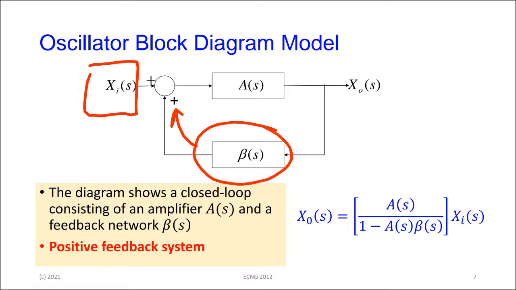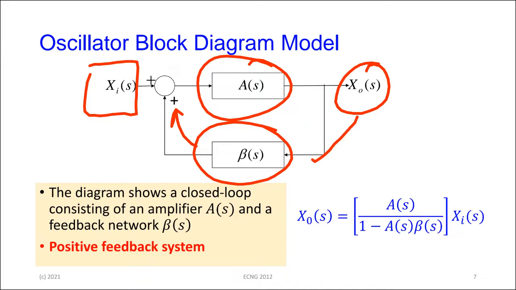So it is Xi plus something. That goes into here if there's an amplifier again. So X gets bigger. A little bit comes back in here. So it keeps going and getting bigger and bigger. And this is where the positive feedback of the system, the model, comes in.